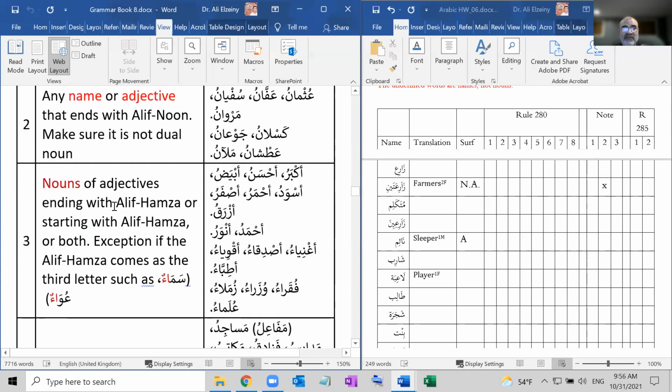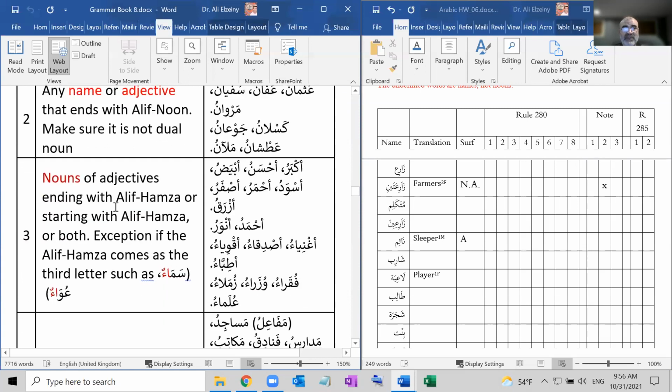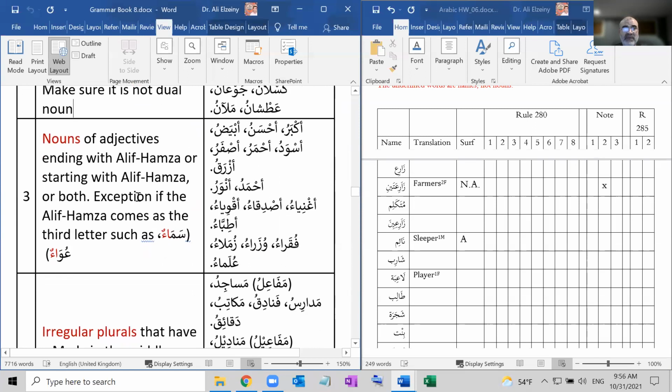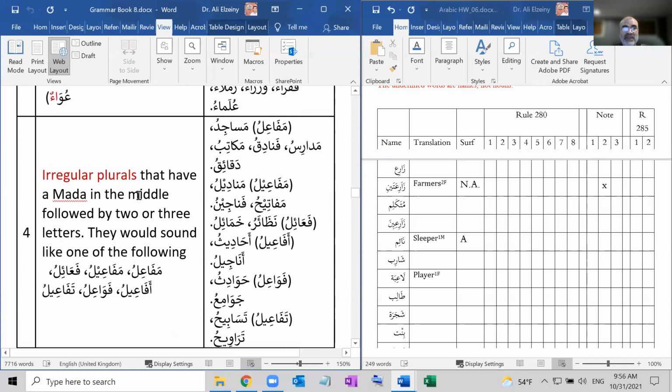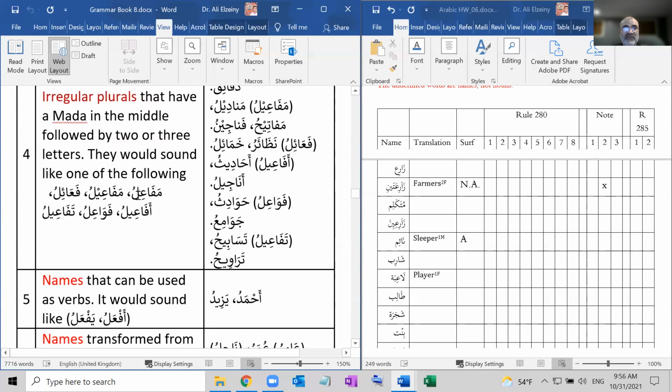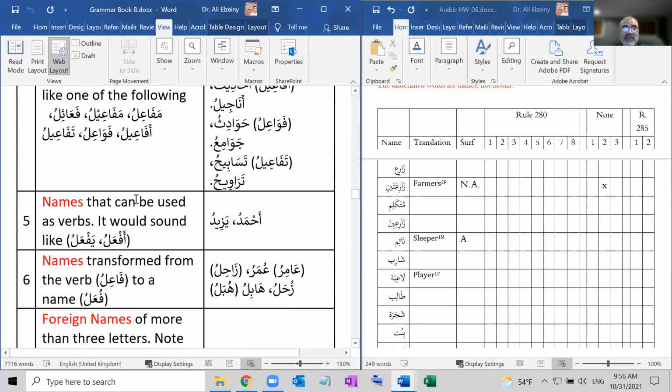It doesn't start or end with alif noon, so case 2 is out. It doesn't start or end with alif hamza, so case 3 is ruled out. It's not a regular plural, so case 4 is ruled out.